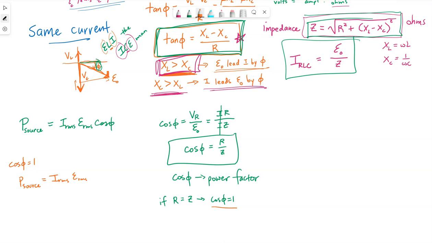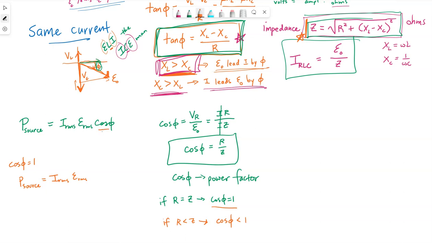But R and Z do not need to be equal to each other. Oftentimes, R will be less than Z. And by the way, R cannot be bigger than Z. If you come back up here to the impedance equation, there's no way that R can be bigger than Z. But if R is less than Z, then our power factor is less than 1.